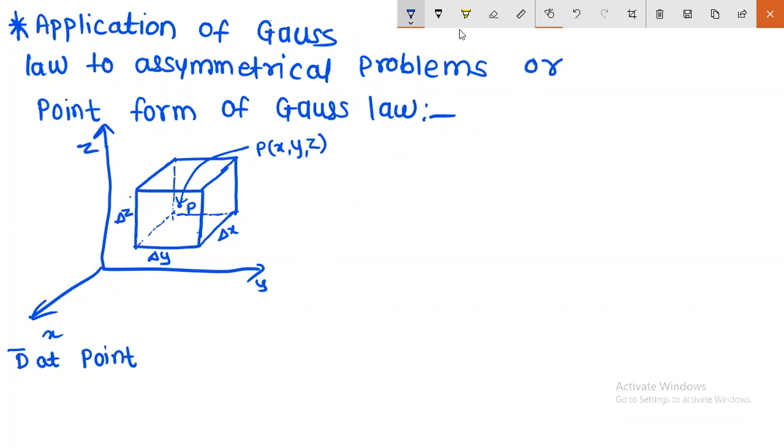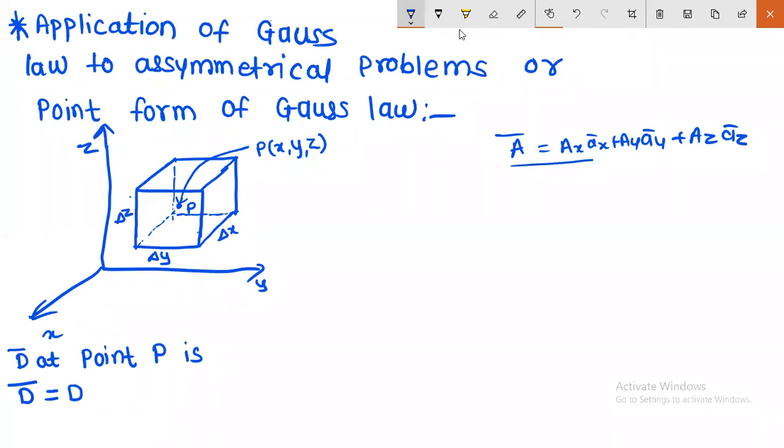D bar at point P is given as, this point P is the center of your rectangle, right? Therefore, when we are writing any vector, when I write vector A bar, I am writing it as Ax into a bar x plus Ay a bar y plus Az a bar z. Is it correct?